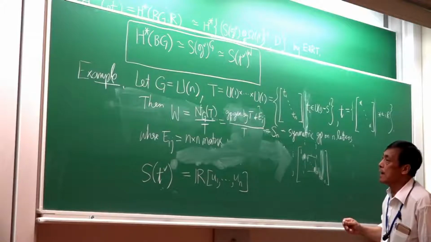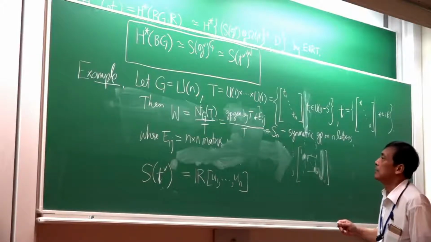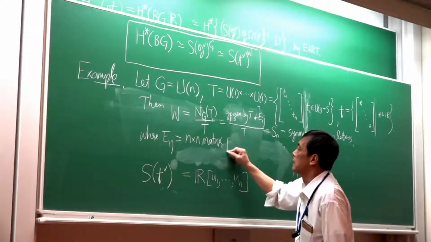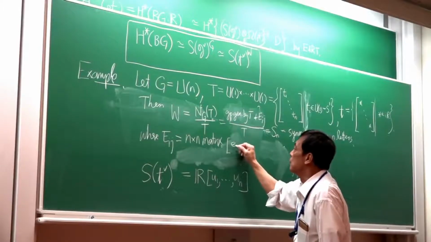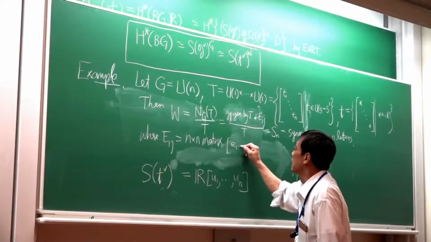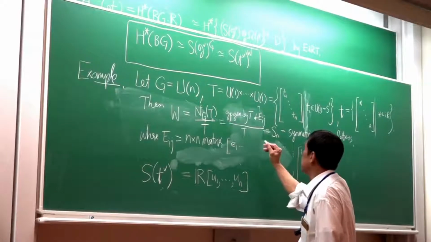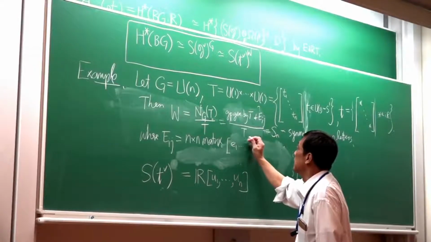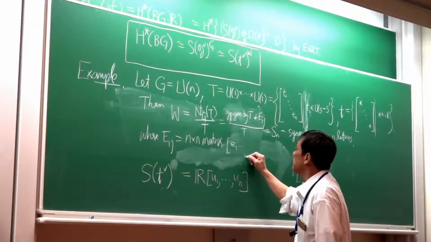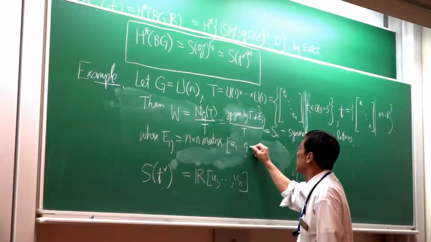Yeah. So EIJ, I think I can write it like this. So it's E1, and then in the ith place you put EJ.